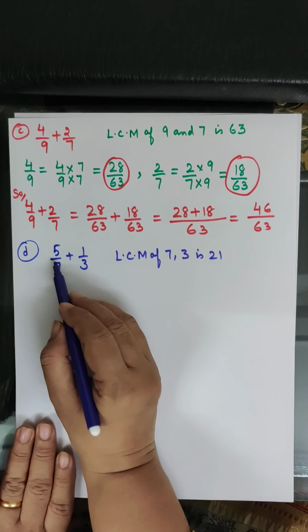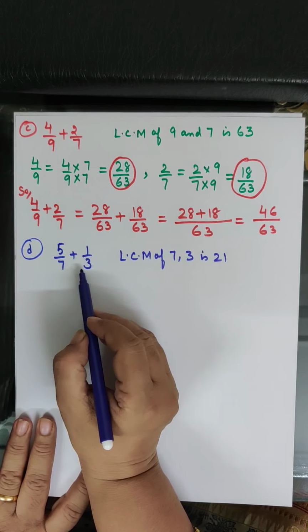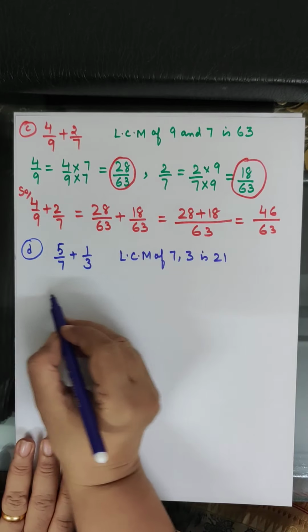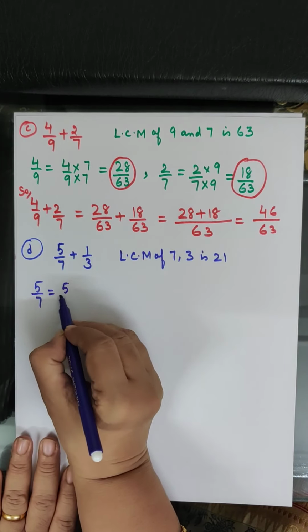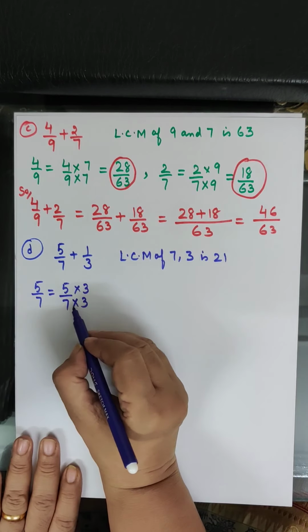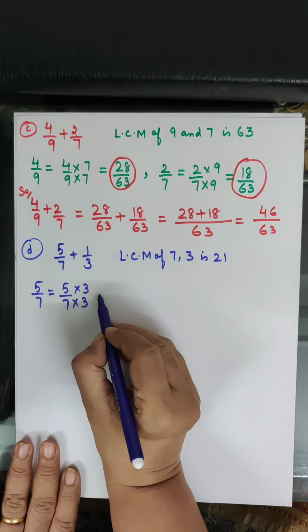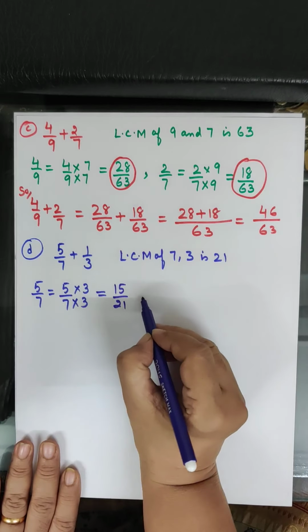So now we have to make these fractions in such a way that the denominator is 21. So we can write 5 upon 7 as 5 upon 7 multiplied by 3, numerator and denominator, because we want 21 in the denominator. So this becomes 15 upon 21.